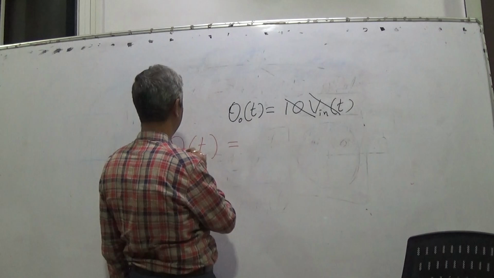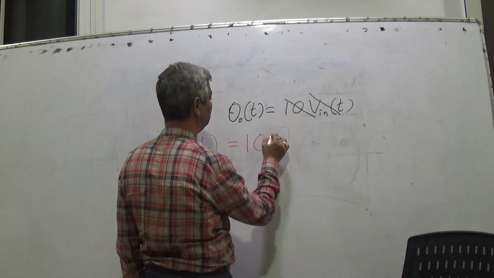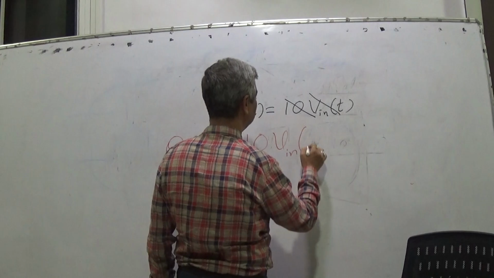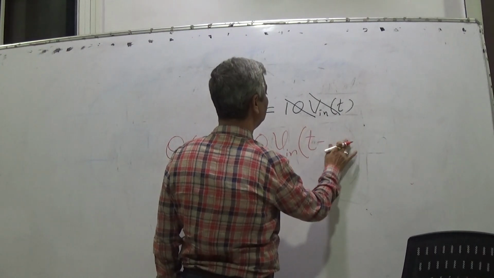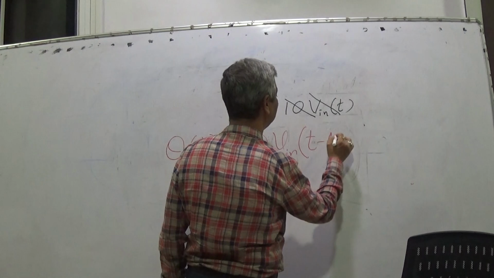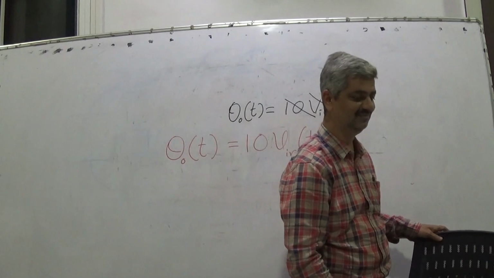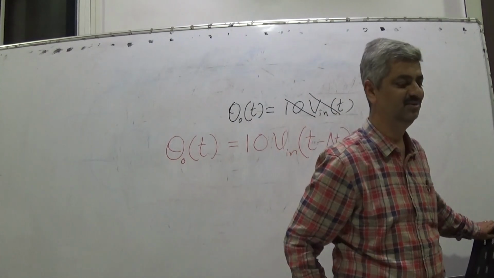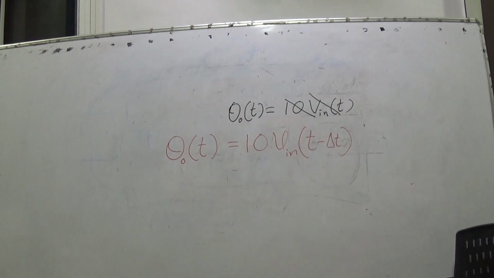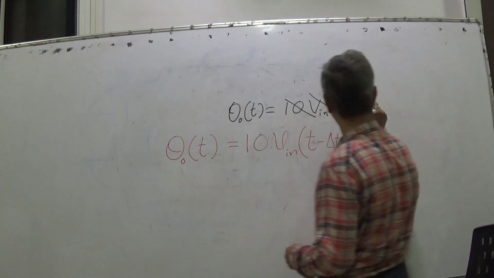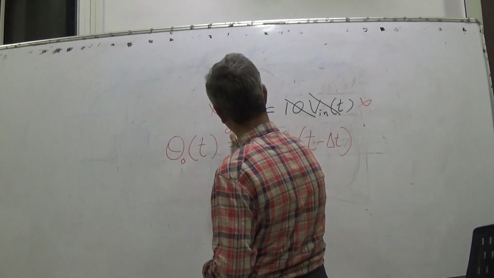So should I say θo(t) is equal to 10 into Vin(t minus some delay of Δt)? Prima facie one may say yes, it's okay. It's a very good equation and it will work. Is it clear? Cause-effect relationship can't be instantaneous.